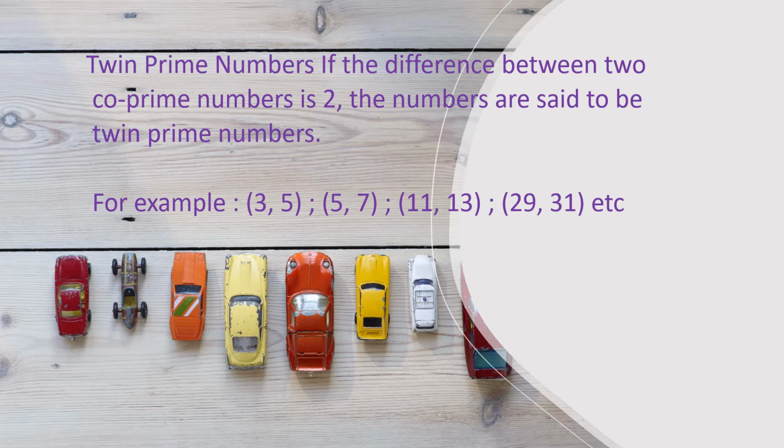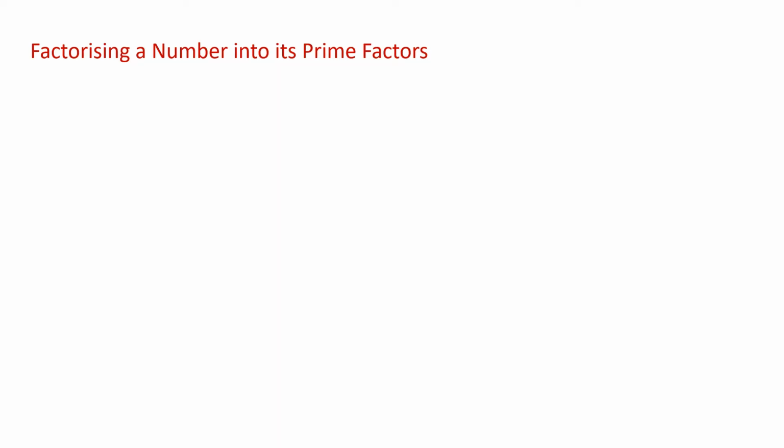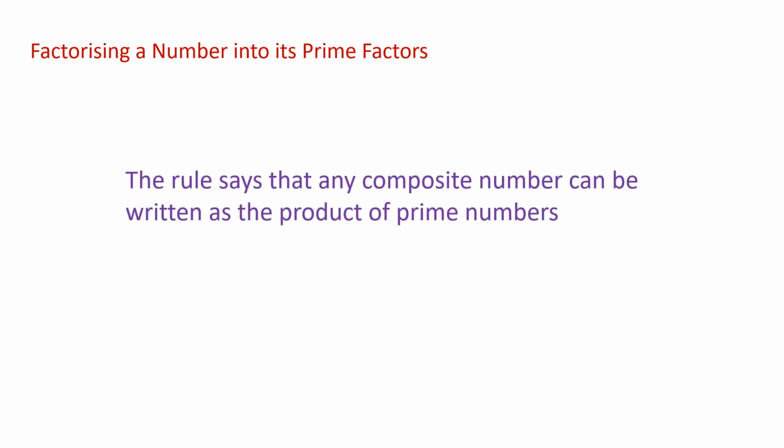Let me get into the topic of factorizing a number into prime numbers. That means a number can be broken into prime numbers. We have studied that if there is a composite number, it can be written as the product of prime numbers.